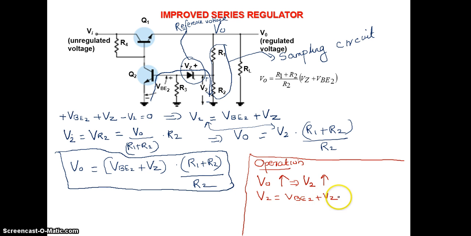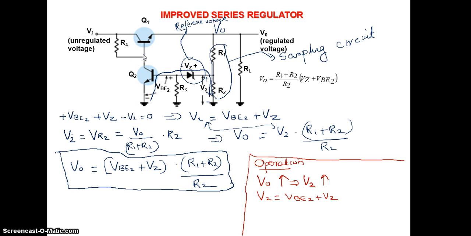VZ is a fixed reference. So V2 increases means VBE2 will increase. VBE2 is the base to emitter voltage of transistor Q2. So this increases means that this transistor will conduct more. If this conducts more, the base current of Q1 will decrease, because this conducts almost all current away. So base current will decrease.